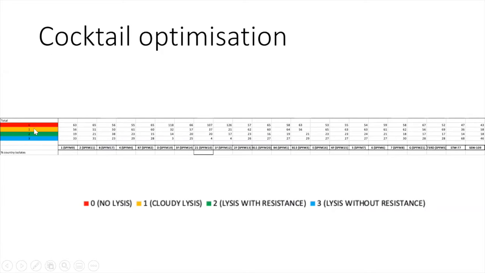The red, or 0, is no lysis, and the yellow or mustard, 1, is cloudy lysis. Then 2, which is green, is lysis on the spots, but with some resistant colonies developing from the spot area. And 3 is complete clearance.